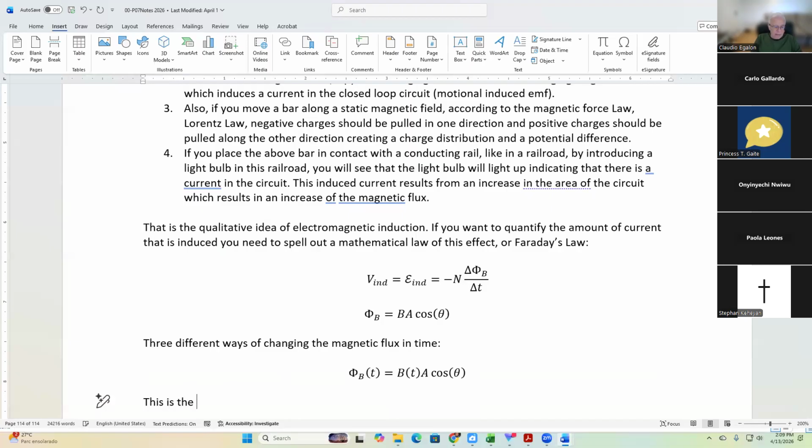This is the case of moving the magnetic bar closer and further away from our closed loop circuit.